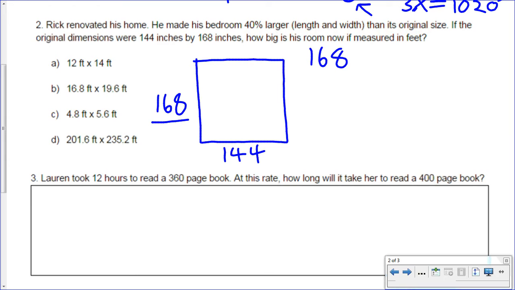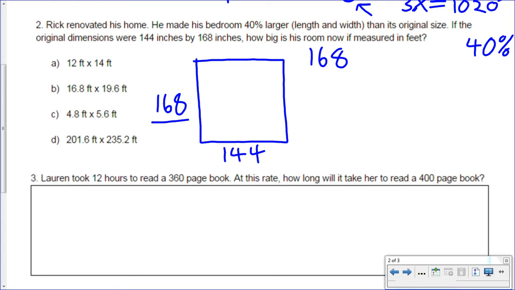Now, if you'll remember, I'll write this out to the side here. 40%. So how do we... can't multiply by 40%. I mean, we can, if we have a calculator that has the percent function, but typically we're going to want to convert the percent into a decimal.